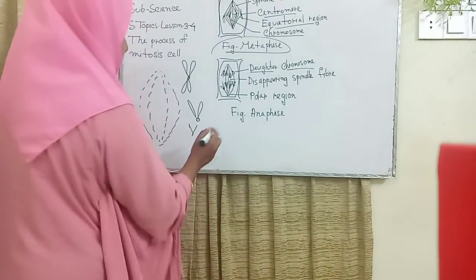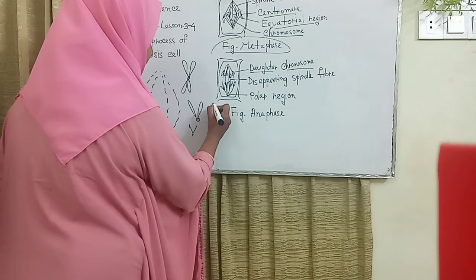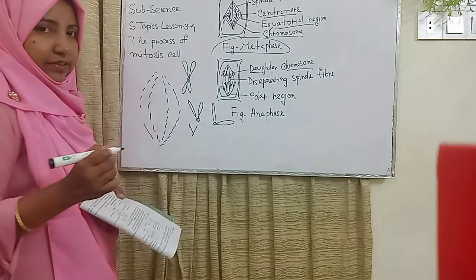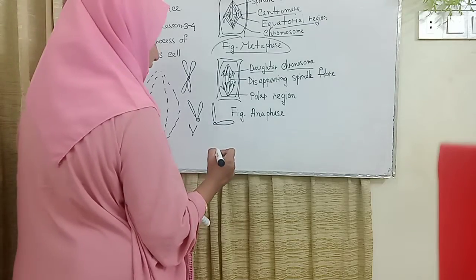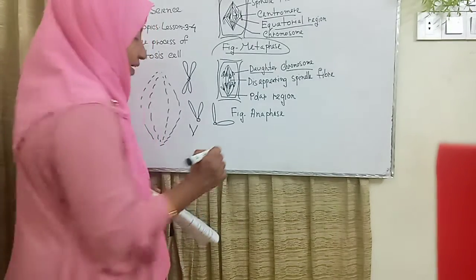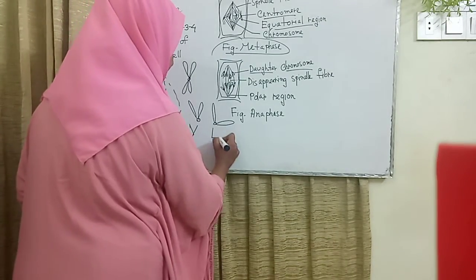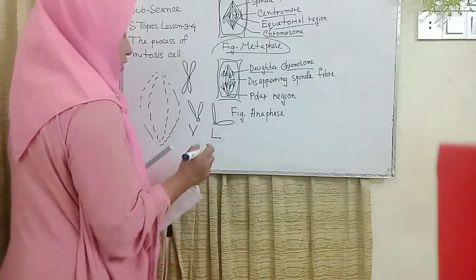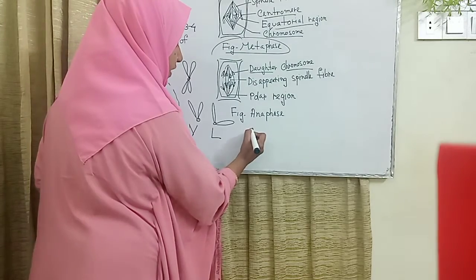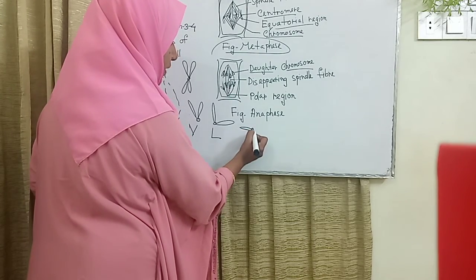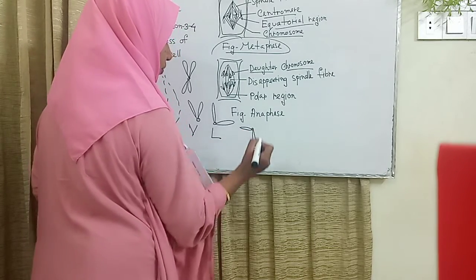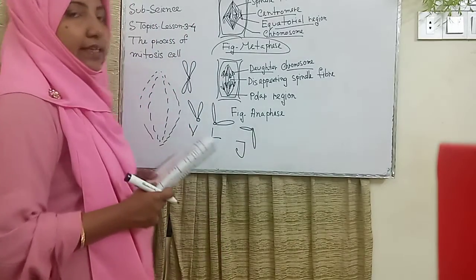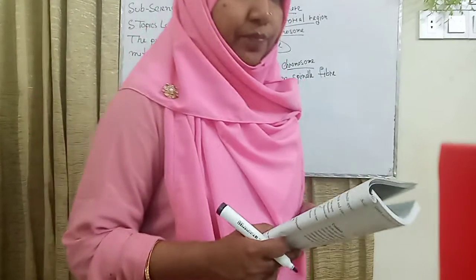When the centromere is off-center and the chromatids are of unequal lengths, the shape is L and the name is submetacentric. Once the centromere is near one end, with one short chromatid and one long chromatid, the shape is J. The name is acrocentric.